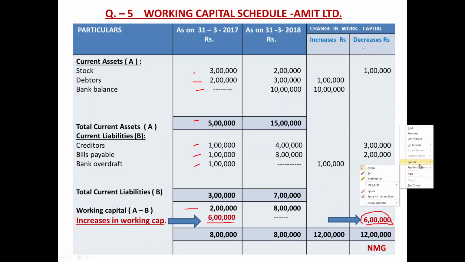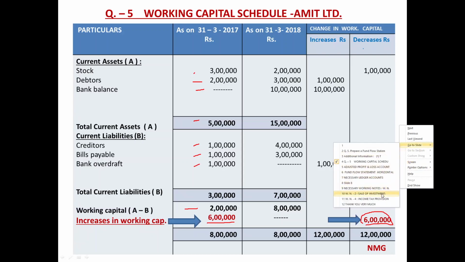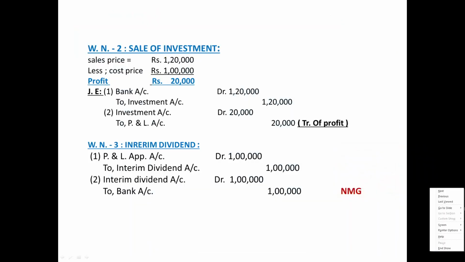Let us prepare a working note and then afterwards the concerned ledger accounts. Have a look, working note number 2 for sale of investment. Selling price 1,20,000 as given in point number 3, less cost price that we got from the balance sheet, that gives the profit of rupees 20,000.